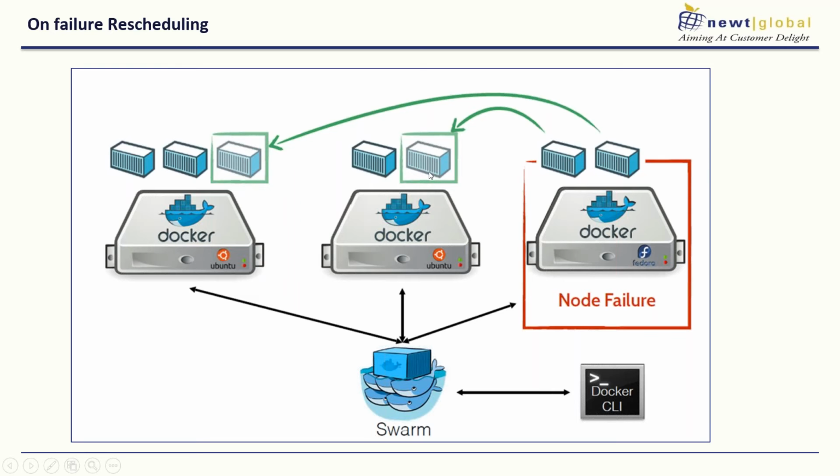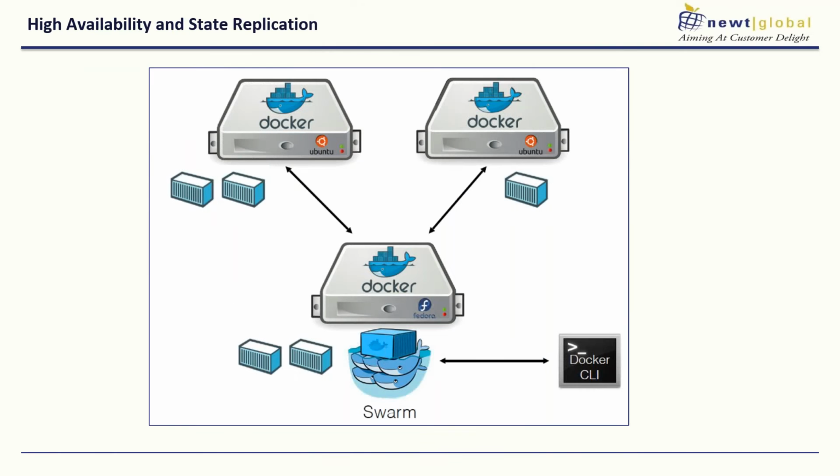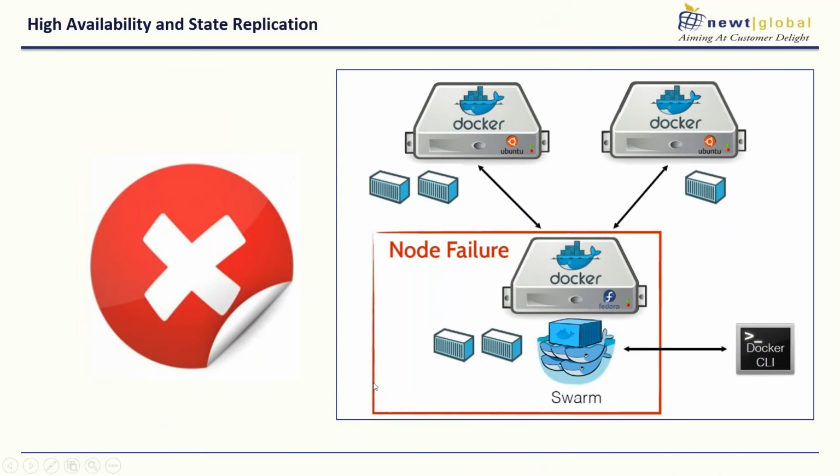It can help you migrate the containers and their state to different hosts. However, swarm is also susceptible to a single point of failure: the host hosting the swarm manager can itself fail, and that's basically a wrong pattern to have.